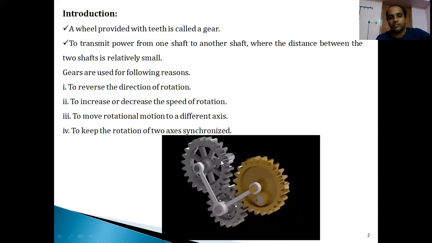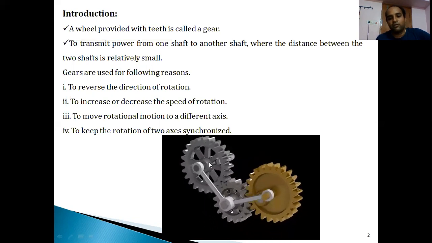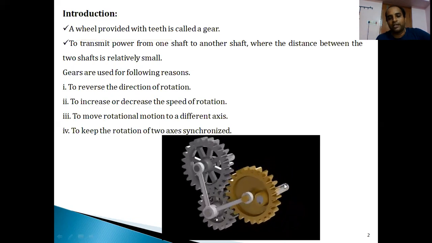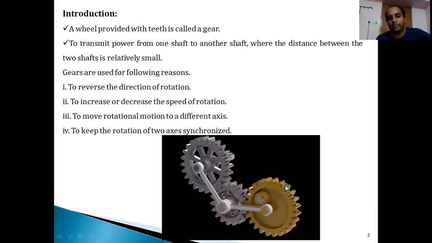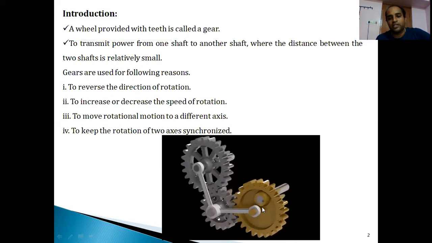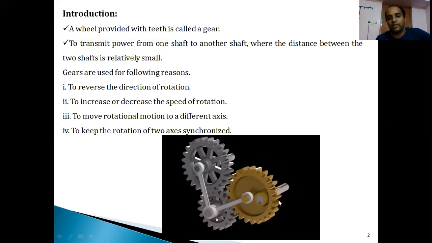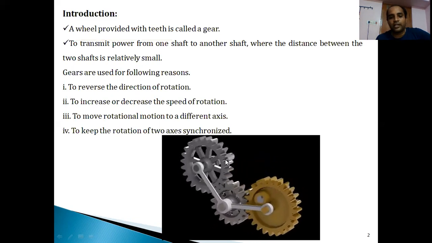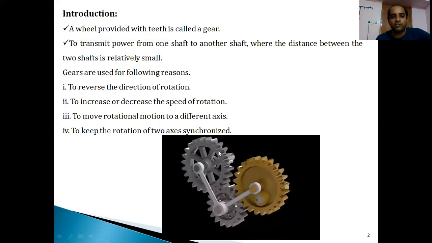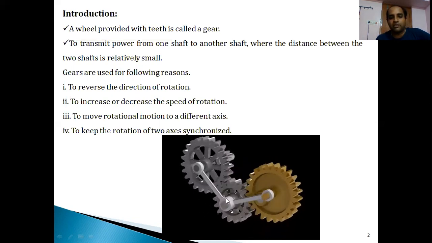If you observe this particular figure, from this end I want to transmit the power to the other end, where this is the shaft. To transmit this, you can see the gear is not at one place itself; it is rotating from one end to the other end. In that way, we transmit the power from one shaft to another when the distance is very small.